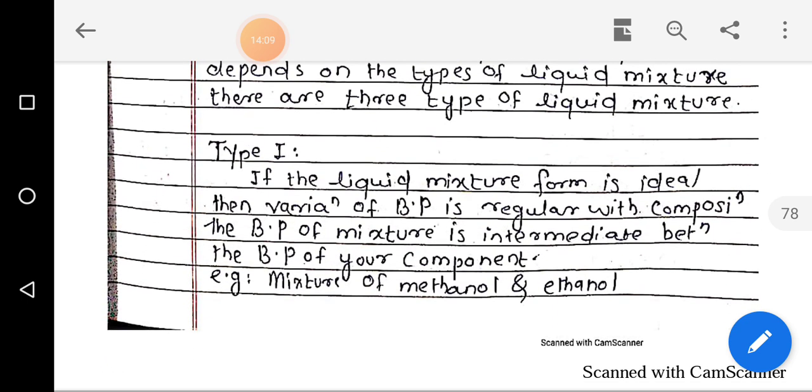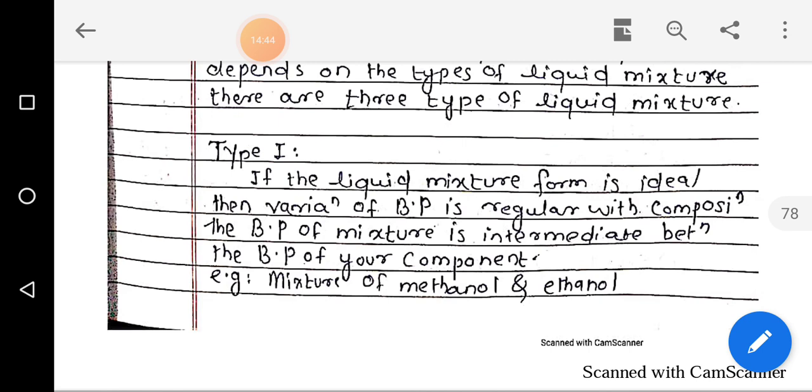Type first: if the liquid mixture forms an ideal solution, the variation of the boiling point is regular with the composition.